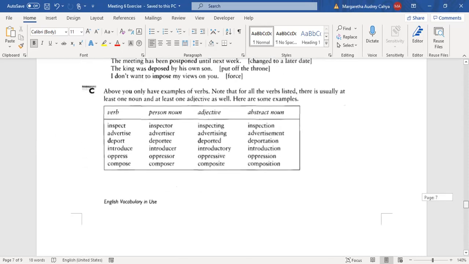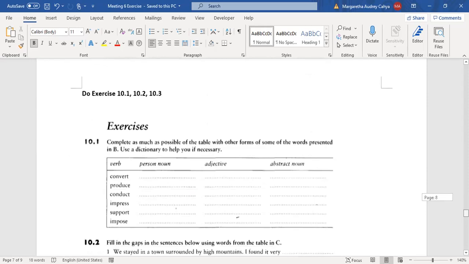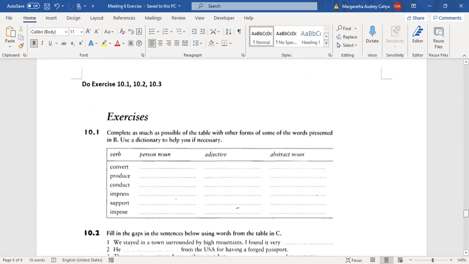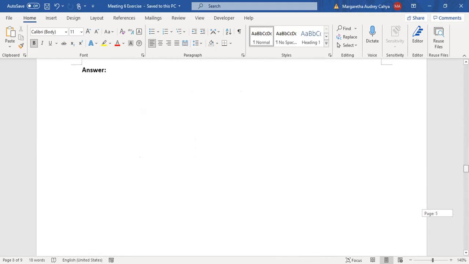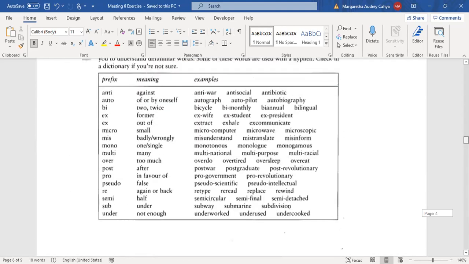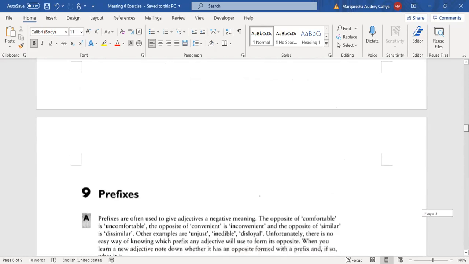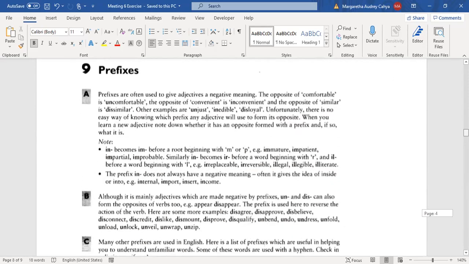Okay, and then these are the exercise. As usual, just do the ones that I've told you, so you wouldn't be really pressured, okay? And then let's talk about prefix.